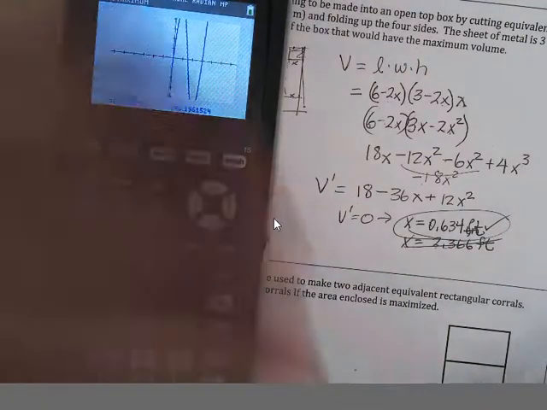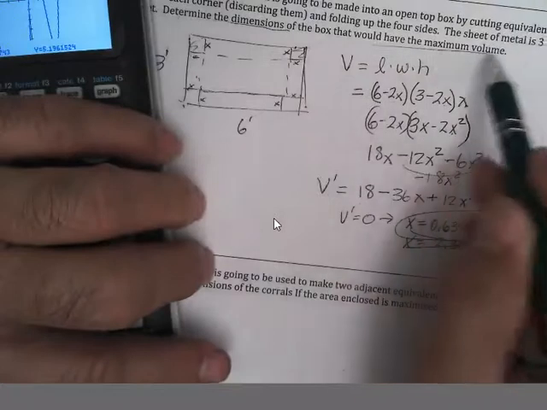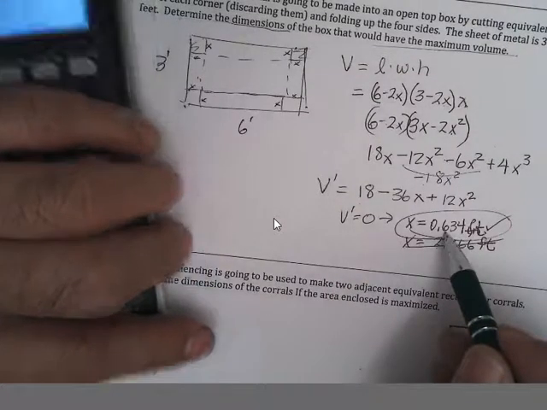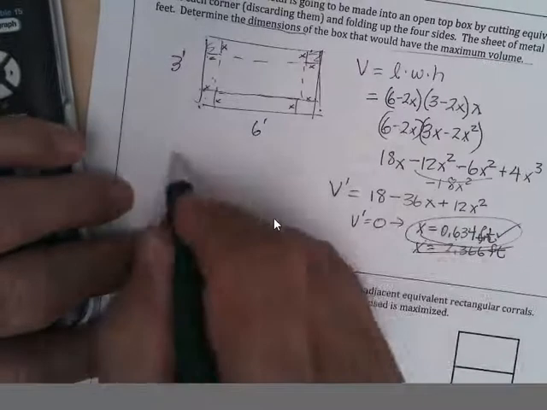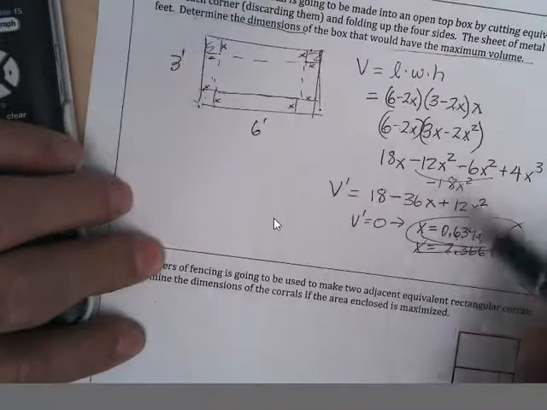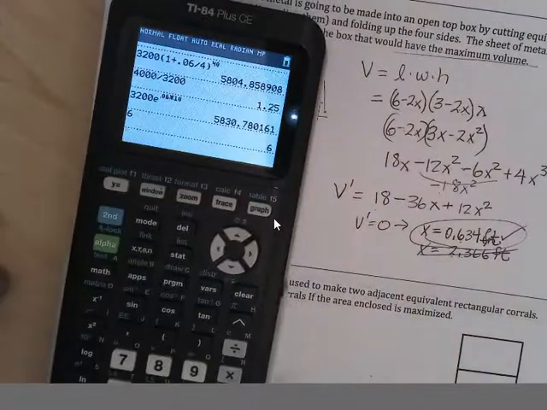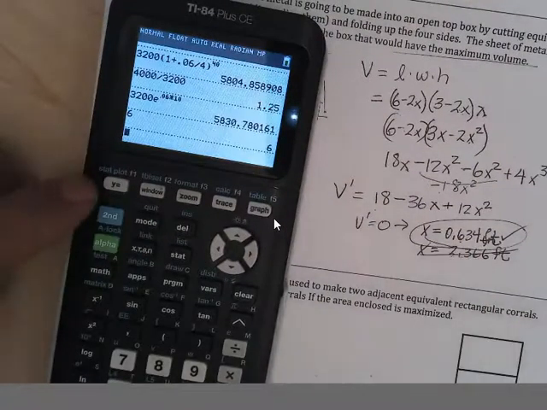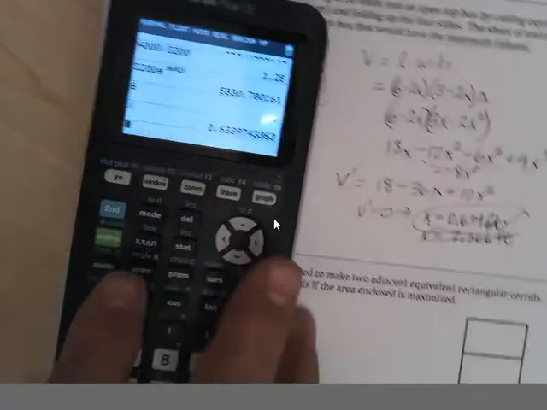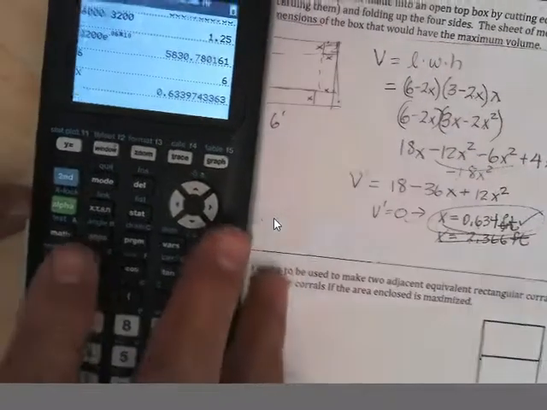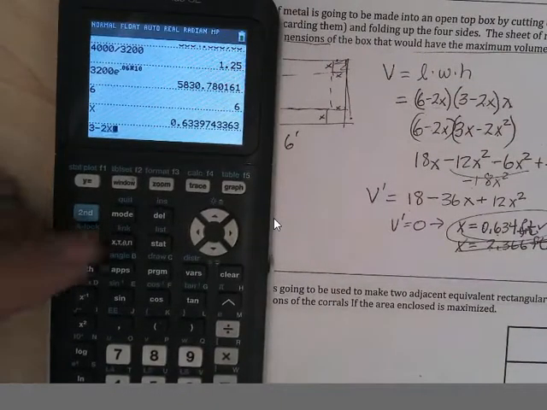And the question says determine the dimensions of the box that had the maximum volume. So that's the x that we have to take out. So the dimensions of the box are going to be 3 minus 2 of those. Notice it's the same x number.